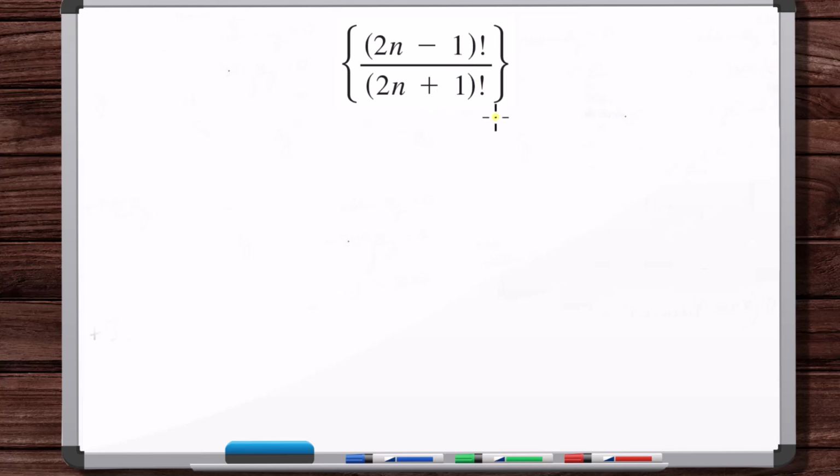limit is. Okay, so what we're going to do here is rewrite 2n plus 1 factorial. What is 2n plus 1 factorial? If you think about it, that's equal to 2n plus 1 times 2n times 2n minus 1 factorial. Agreed?